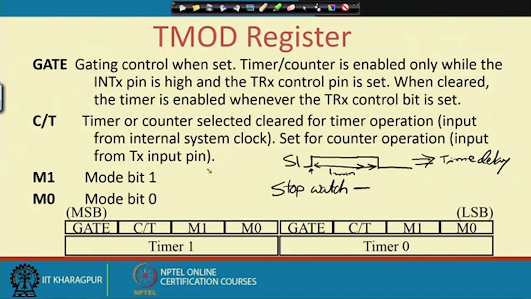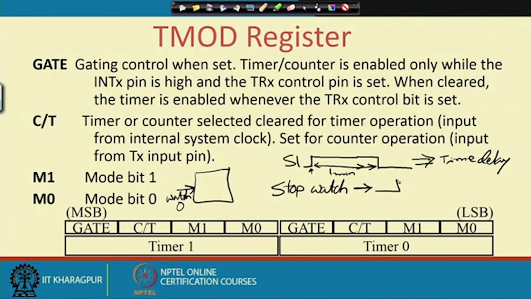In my system, there is a watch button, and when this watch input comes, then only this timer should be activated, and if this watch input is 0, then the timer should not work.